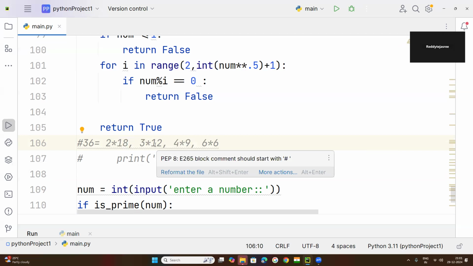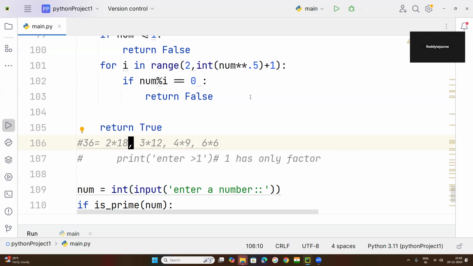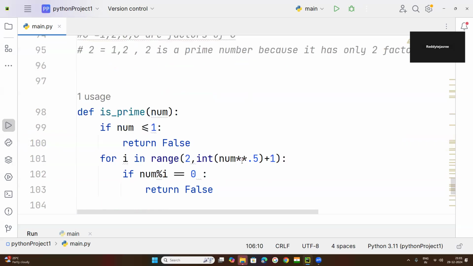So that's why in this function, this 2 stars means exponentiation of a number. What is our number?